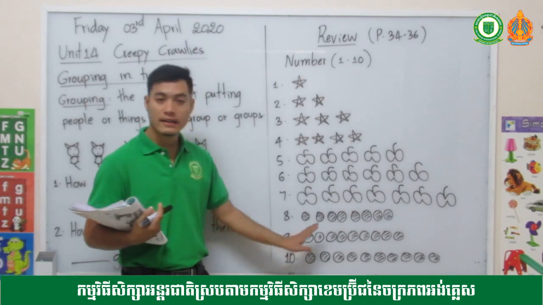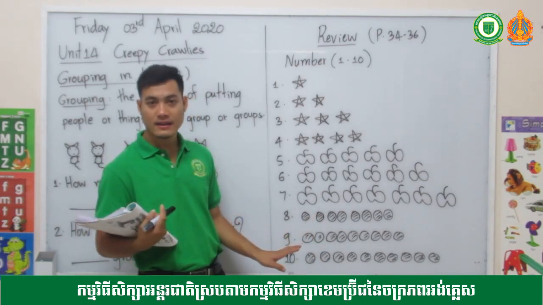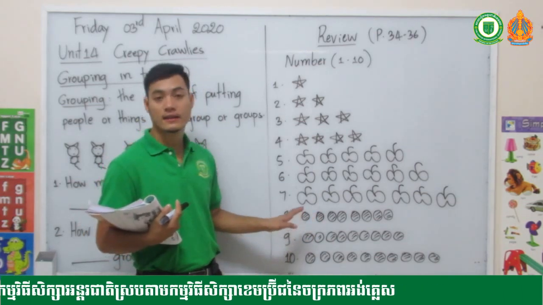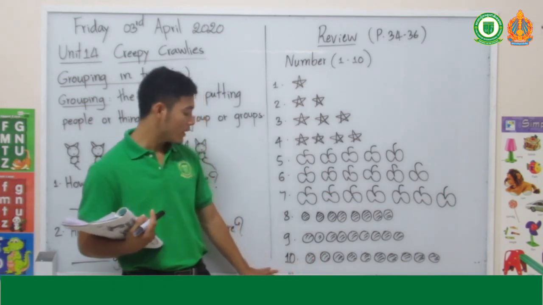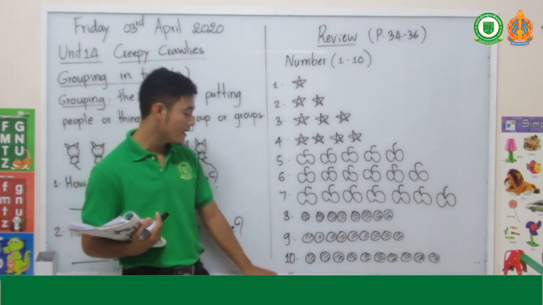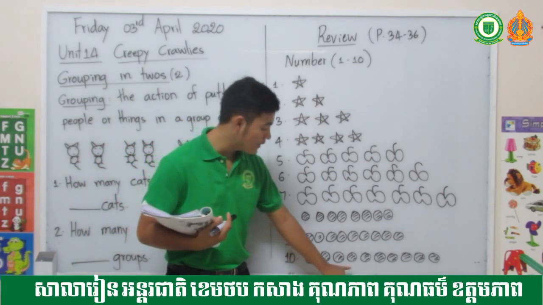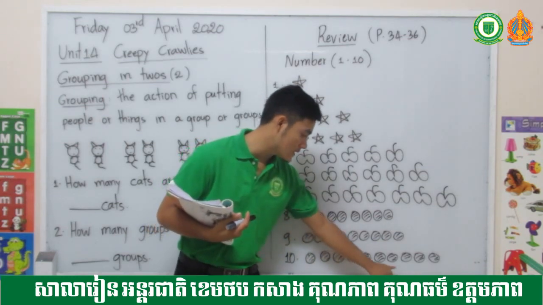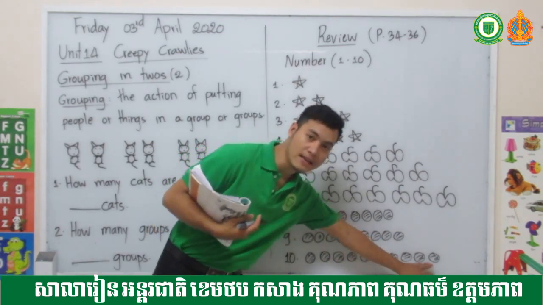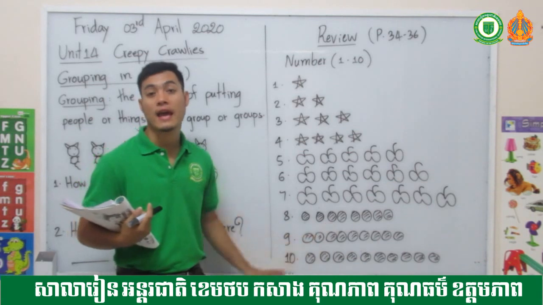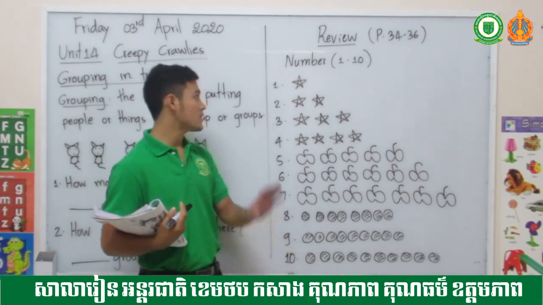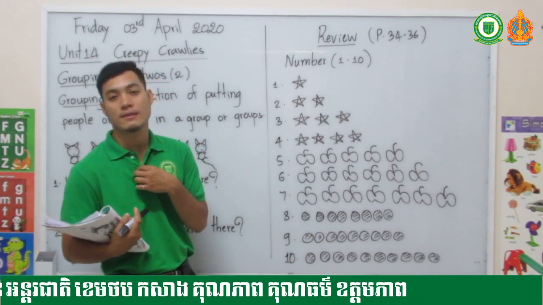How many balls are there? Right, there are 9 balls. And the last one is number 10: 1, 2, 3, 4, 5, 6, 7, 8, 9, 10. So here there are 10 balls. That's all for the review for number 1 to number 10.